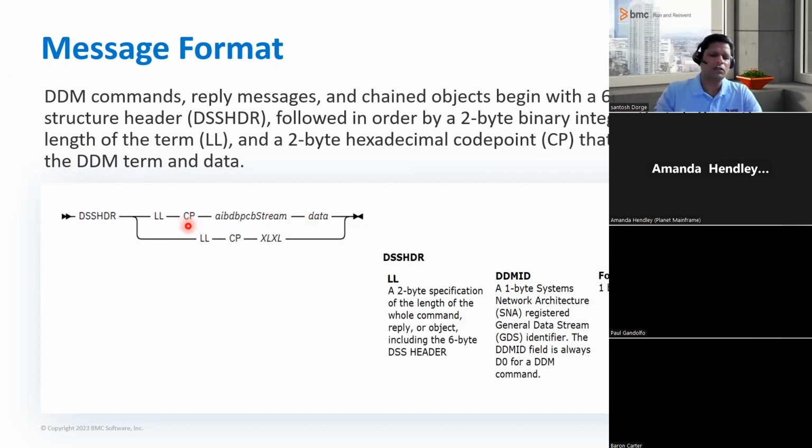Code points is a list of functions that are requested through the DDM commands. So every function, like query data or reply data, has different code points defined. This is standard DDM protocol code points that the application has to send to the IMS Connect, and then ODBM can convert it to the DLI calls.